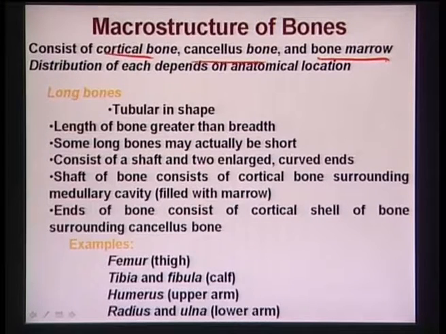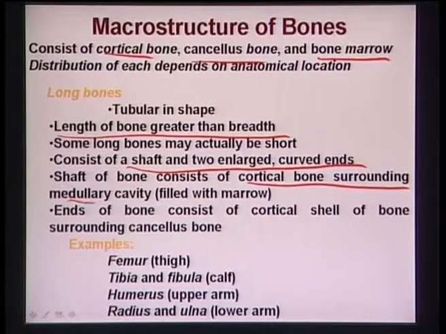Long bones. Long bones are typically tubular in shape, and the length of the bone is greater than the breadth. So the aspect ratio, that is the length to breadth ratio, of a long bone is much greater than 1. Some long bones can actually be short, and they consist of a shaft and two enlarged curved ends. The shaft of the bone consists of cortical bone surrounding the medullary cavity.